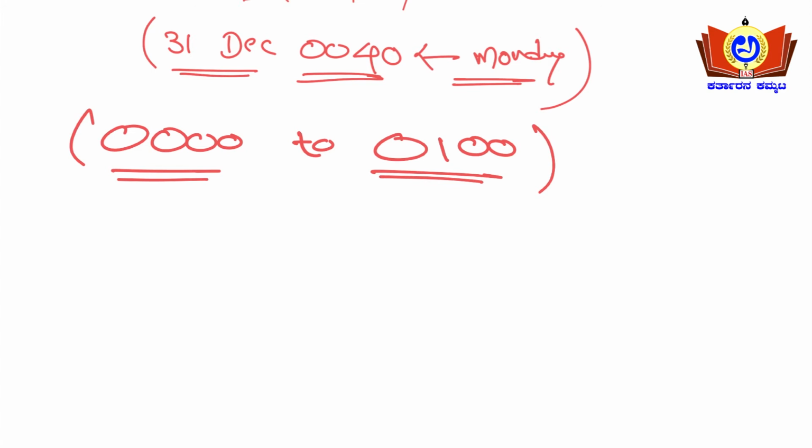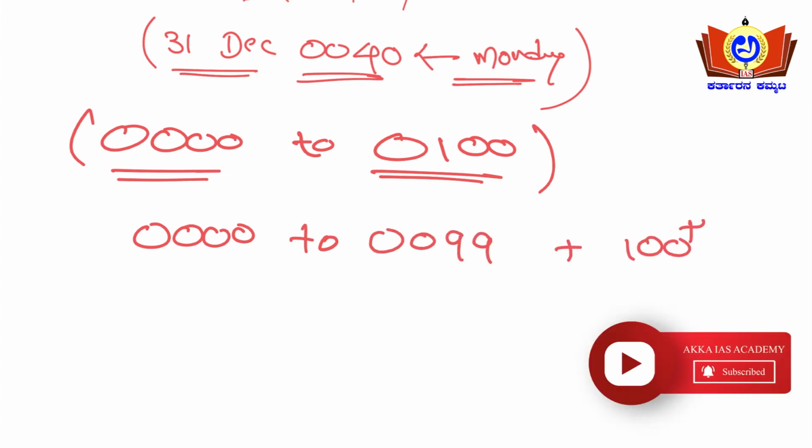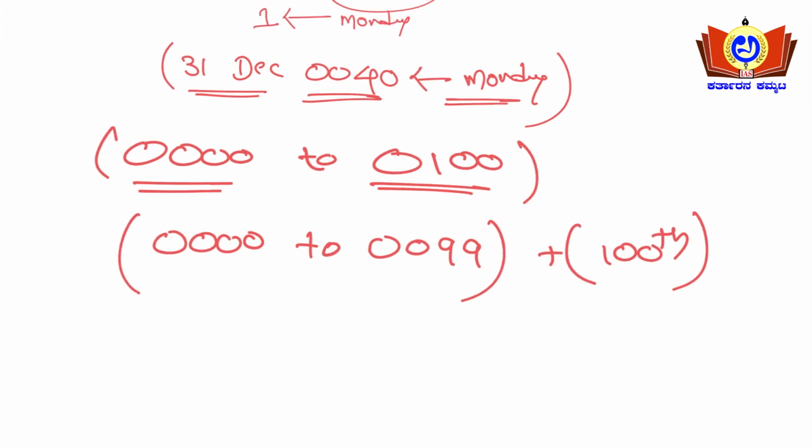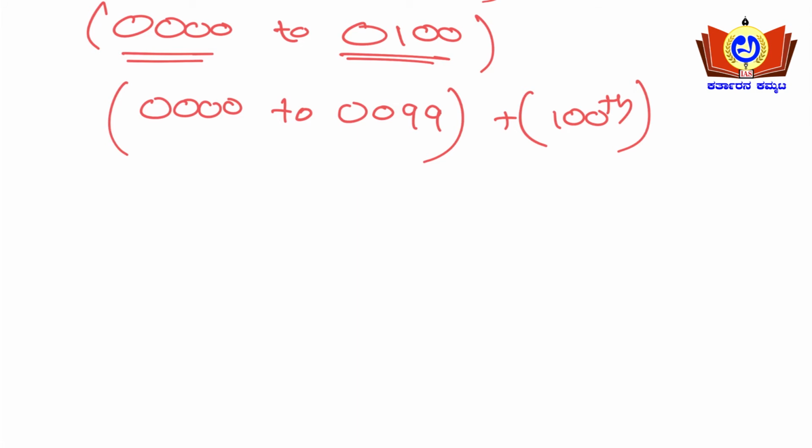Yes or no? So here I'll calculate like this. See, 100 is a century year, so I'll first take 0000 to 0099 plus the 100th year. I'll calculate like this to make it a simpler problem.